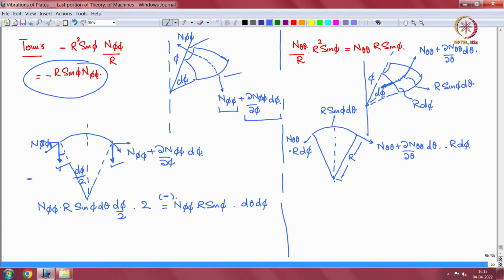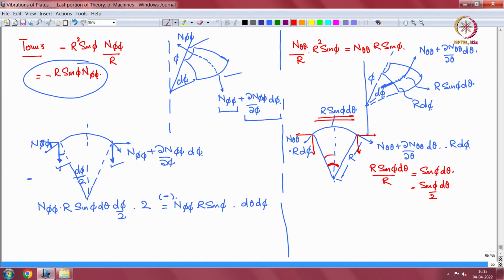Now we are looking for the vertical component. So if I break it up further, the horizontal is a vertical component. Okay. So I need this angle. If this is r sine phi d theta, then this angle is r sine phi d theta by the radius, which is sine phi d theta, and half angle is sine phi d theta by 2.